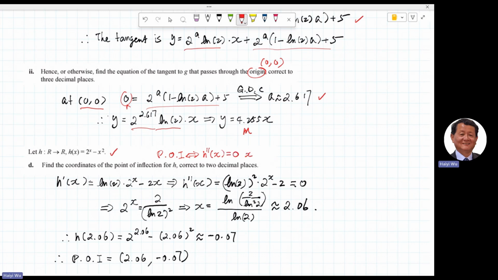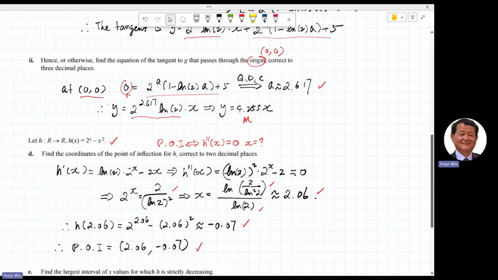Using the graphics calculator, we find x is approximately 2.06. Substituting into the original h(x), we find that y is negative 0.07. So that's the point of inflection. Question D done.